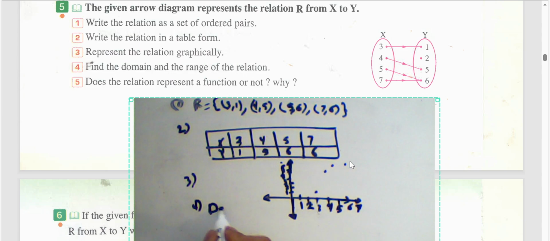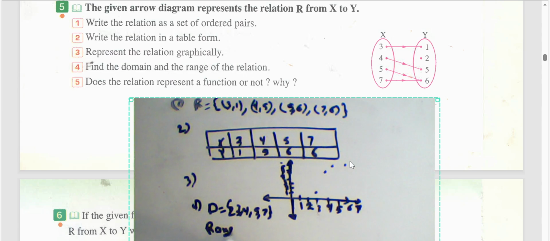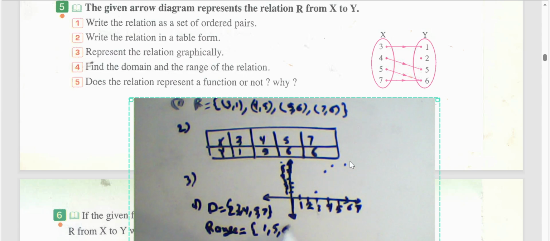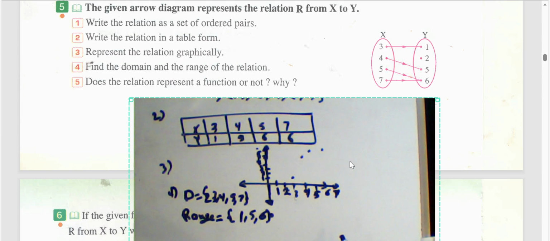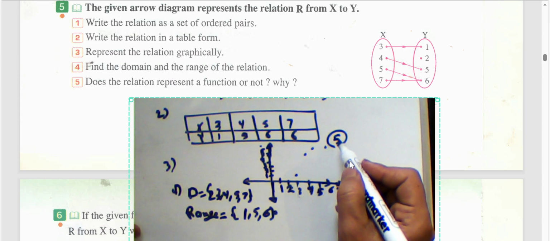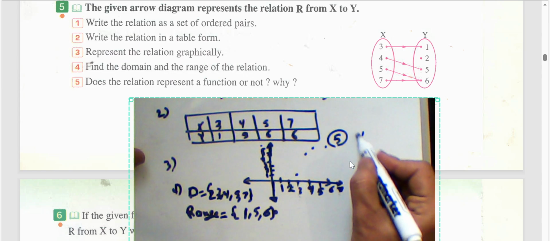Number 4, the domain will be 3, 4, 5, and 7. And the range is 1, 5, 6. Number 5, does the relation represent a function or not? Yes, the relation is a function. Why?